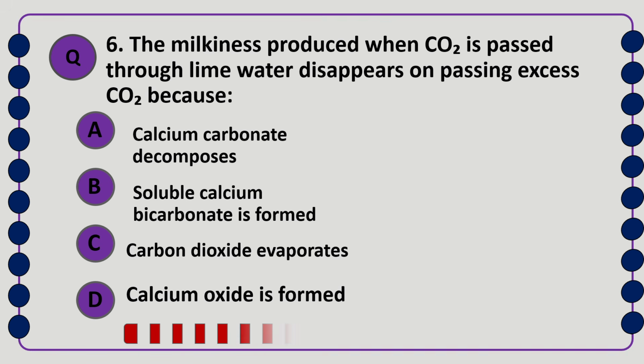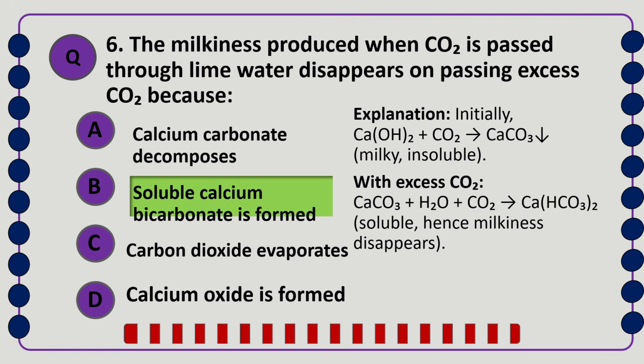Students, in the beginning lime water turns milky, but if you pass excess carbon dioxide it becomes colorless. Because of what? Let us take the explanation. Initially calcium hydroxide, that is lime water, when treated with carbon dioxide forms calcium carbonate, which is the reason for milkiness.